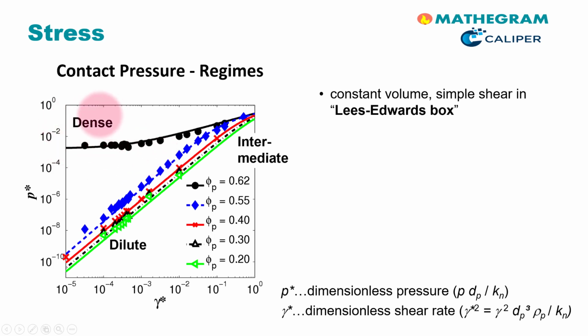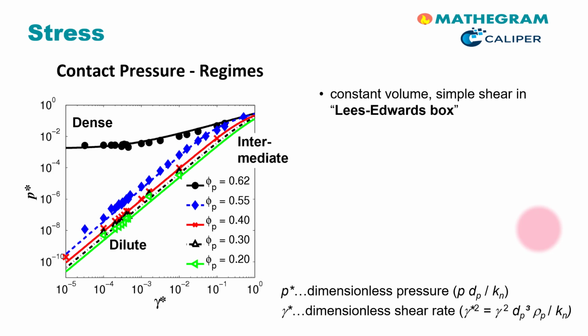In this dense regime, the pressure and also other components of the stress tensor do not depend on the shear rate. This regime is hence called the quasi-static regime, and as you can imagine, the kinetic stress is completely irrelevant in this regime. The third regime is the one at high dimensional shear rates, where all the curves converge. It is called the intermediate regime.